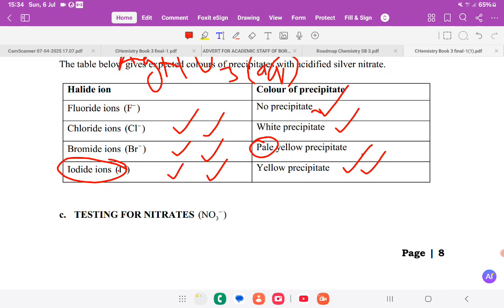All right, what about if we are interested in detecting the presence of nitrate ion? I mentioned that a nitrate ion is NO3-.